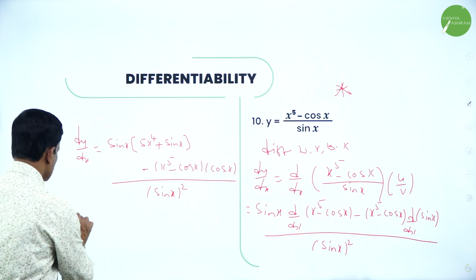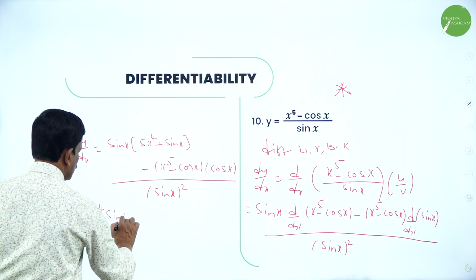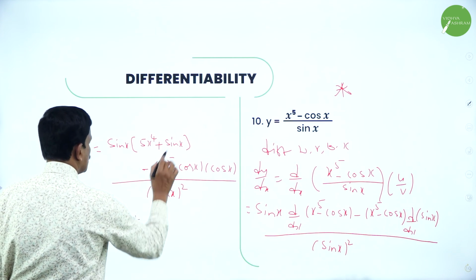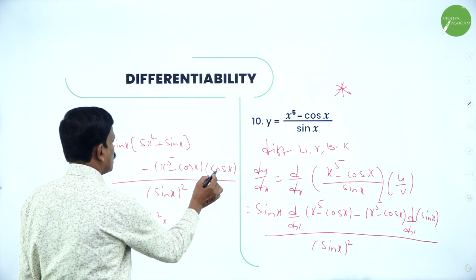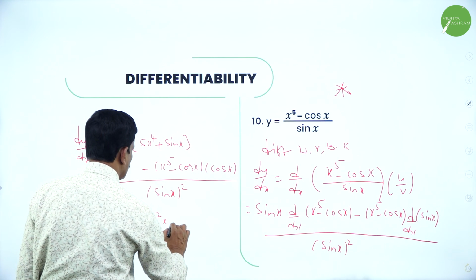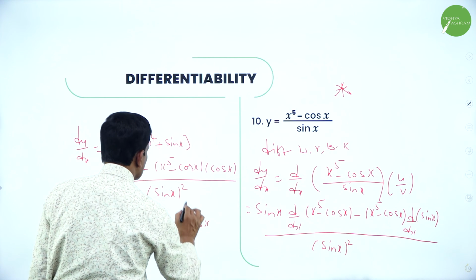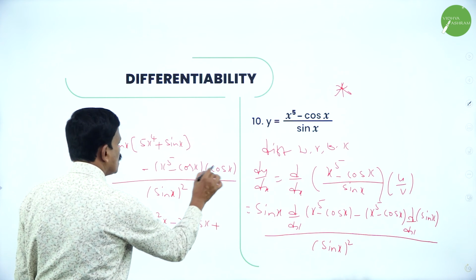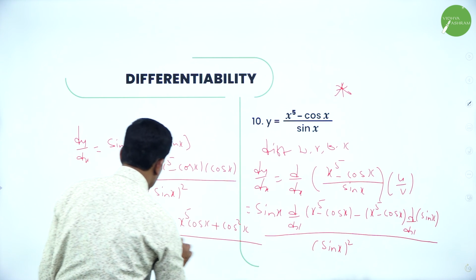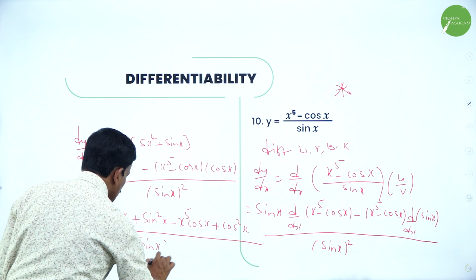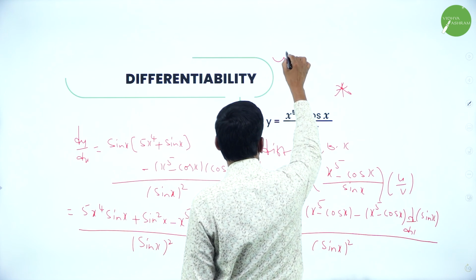Sin x into 5x raised to 4 is 5x raised to 4 sin x, plus sin x into sin x is sin square x. Then multiply cos x into this: cos x minus x raised to 5 cos x, minus into minus plus cos into cos is cos square x, divided by, in the denominator, sin x whole square. If you want, you can stop here itself, or you can further simplify.